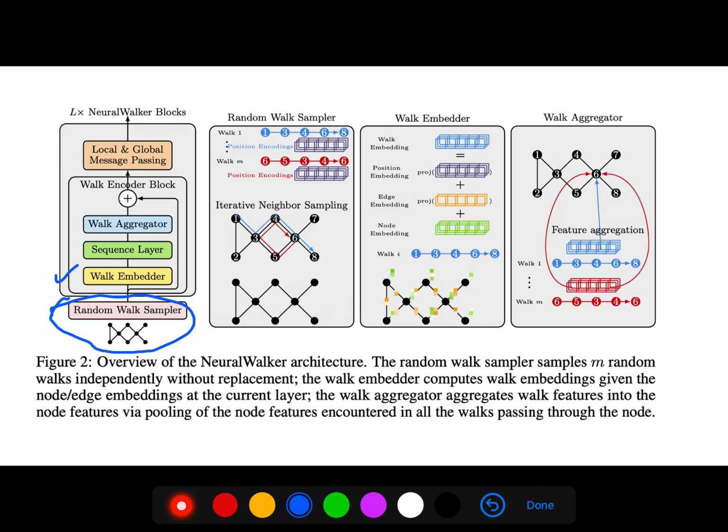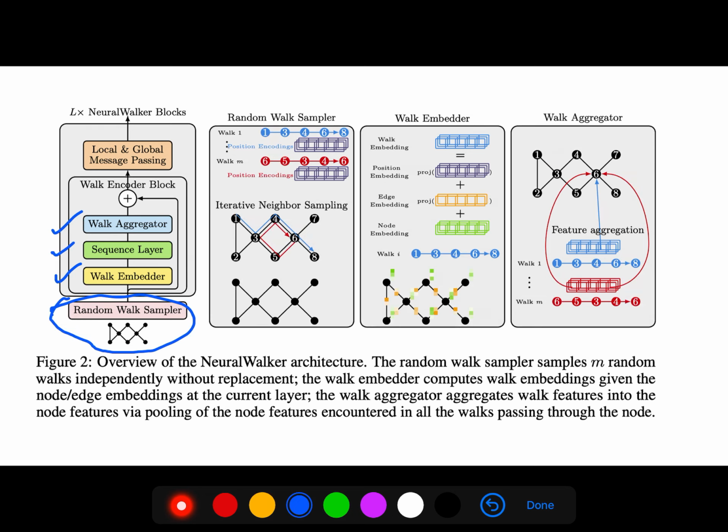It's like sentence generation: you take a sum or average of the word embeddings. After you do embedding, for example with skip-gram or any algorithm that you use, the whole walk is embedded in just a single vector. Then you have the sequence layer and then walk aggregation.